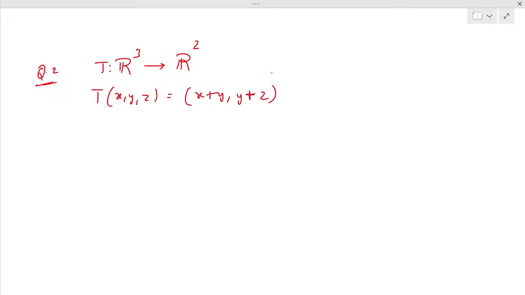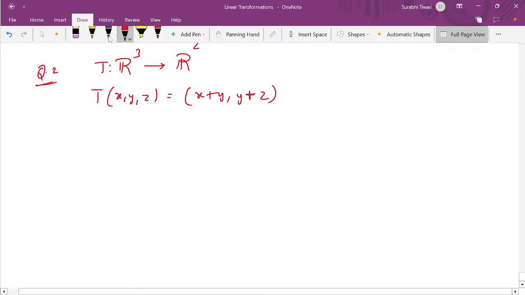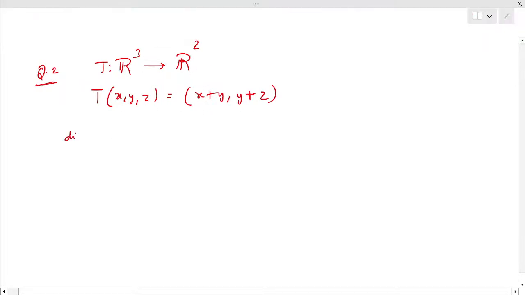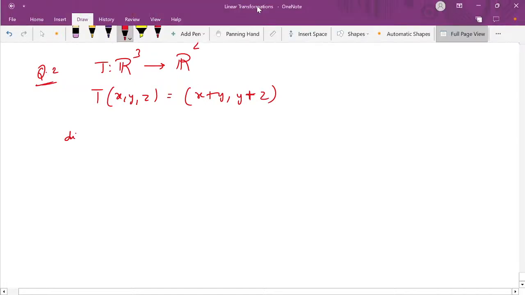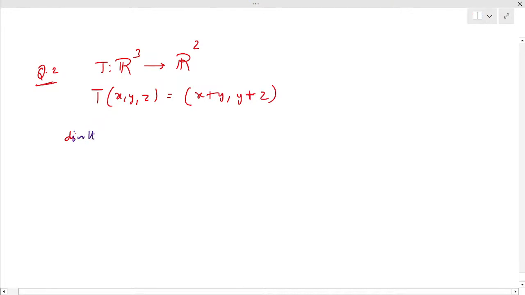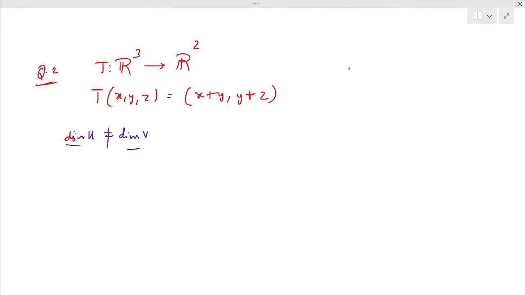So let us just think the other way. Had it been isomorphic, then, because these are finite dimensional spaces, the dimension of U must be equal to the dimension of V, which is not the case. So if we are talking of finite dimensional vector spaces, and U is isomorphic to V, then their dimensions should be equal.